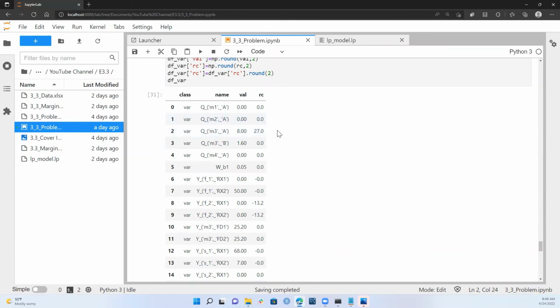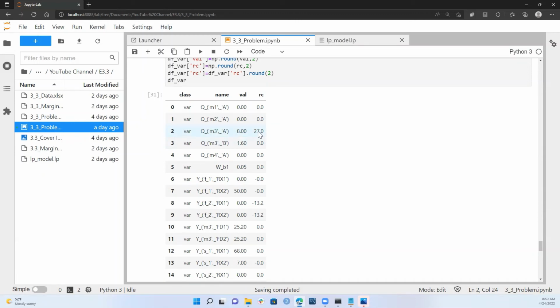Now, if you recall, or if you watched my first video where I introduced some basic principles of mathematical optimization, I had talked about what reduced cost was, and that essentially reduced cost applies only when a decision variable is 0 and there's no upper bound.